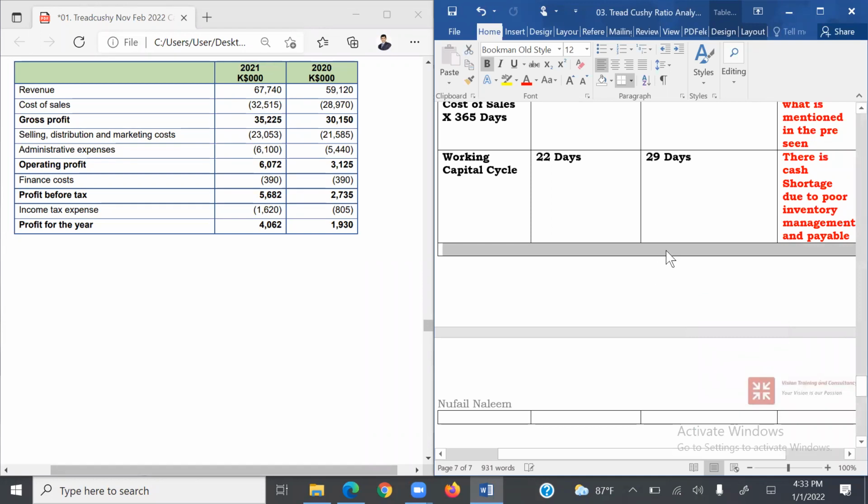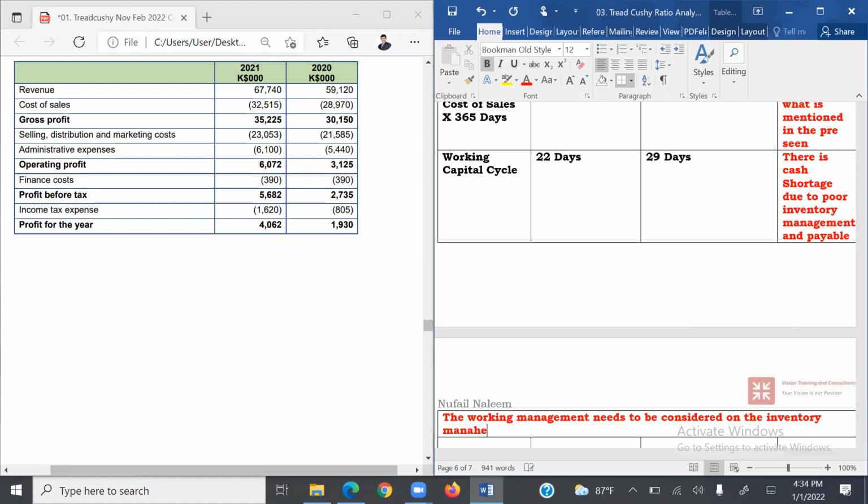The working capital management needs to be considered on the inventory management, since it is very much critical.